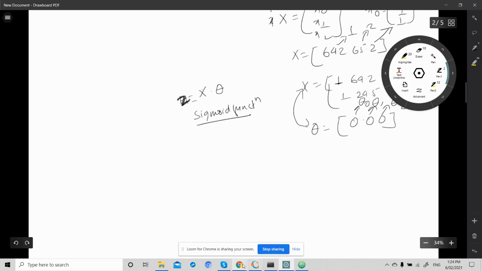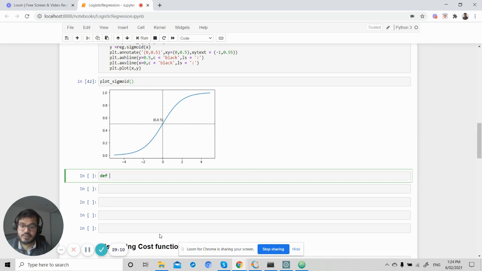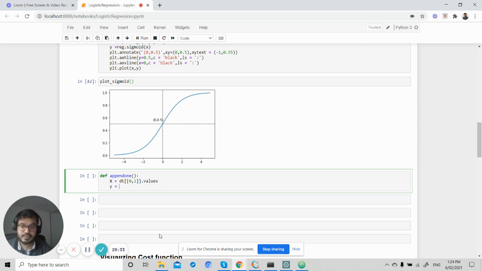So let's append 1 first. My x is values, and y is dot values.